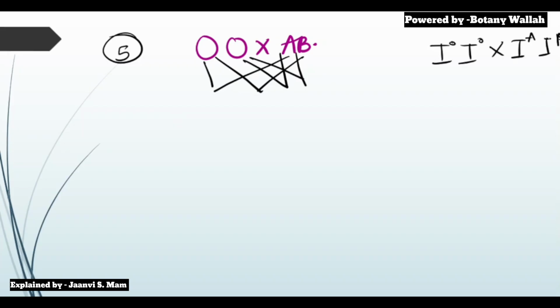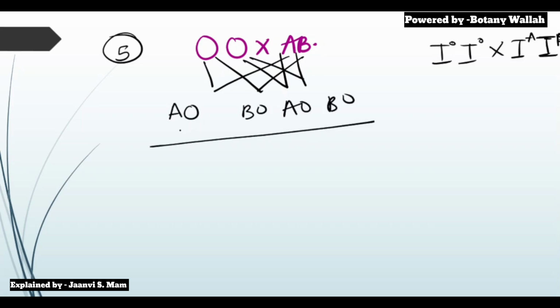Okay, I will be a little quick now. So you will have AO, you will have BO, you will have AO, and you will have BO. Means you will have your A blood group, your B blood group, your A blood group, your B blood group.